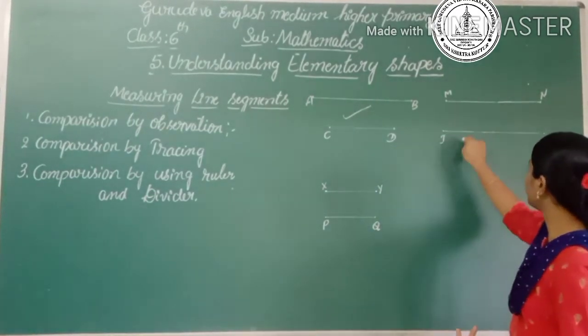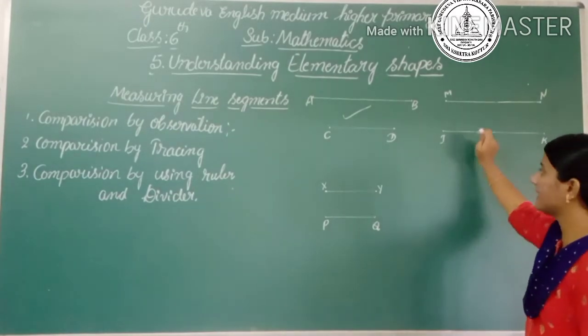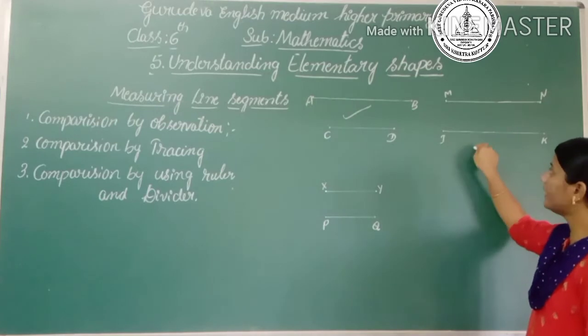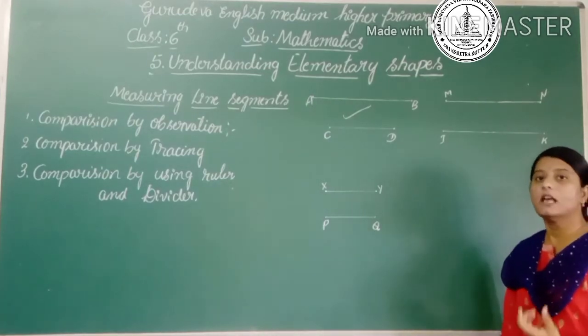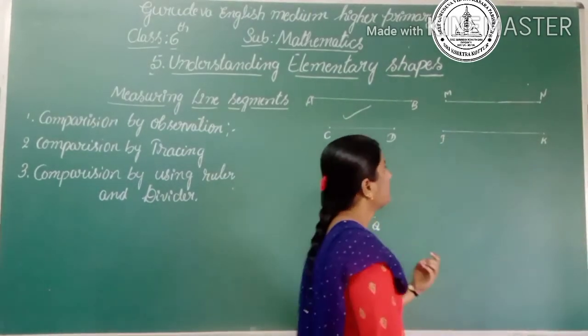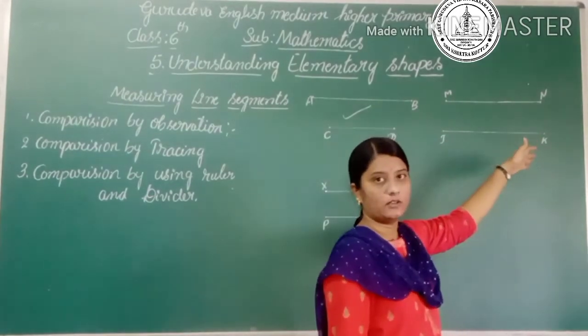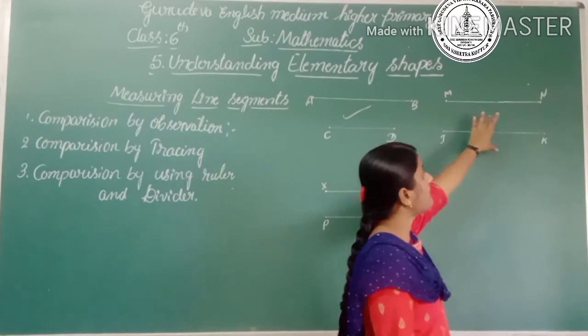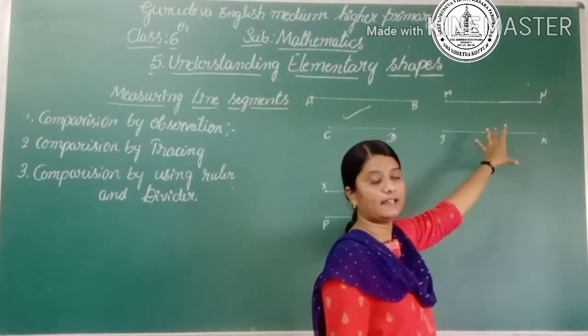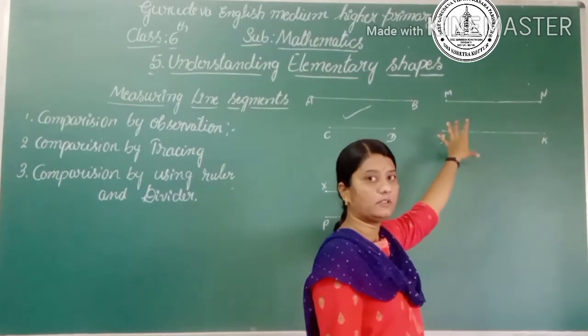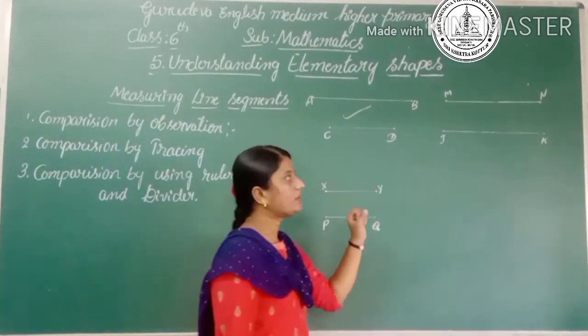But in a different case, here there are two line segments. How can you find out which line segment is longer? By observing these two, we cannot say that, because the two line segments have different lengths, but we can't tell by observing them.